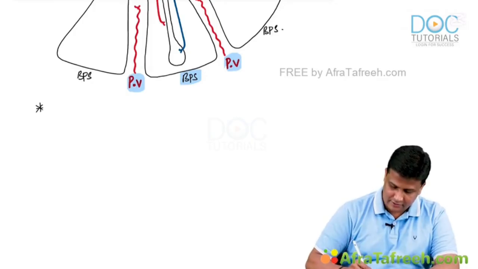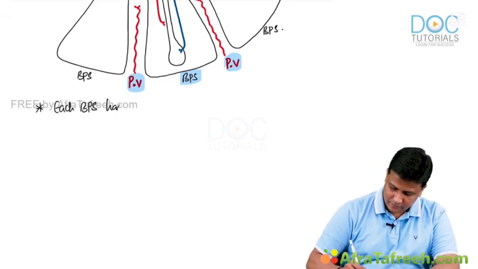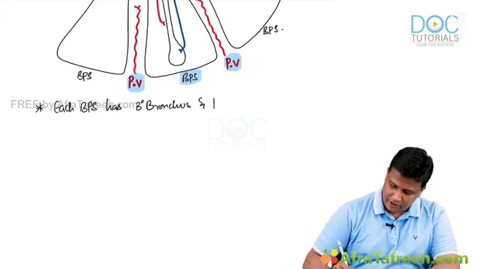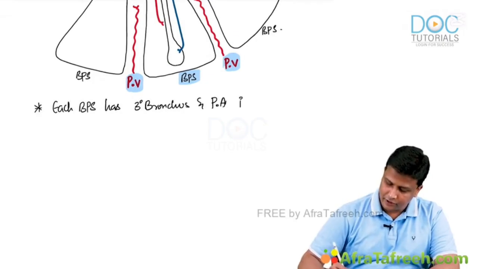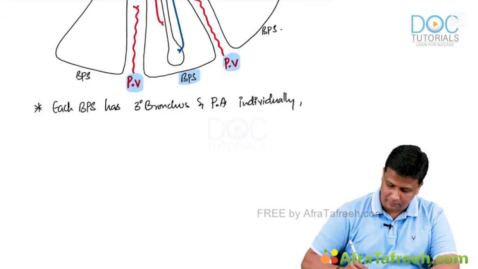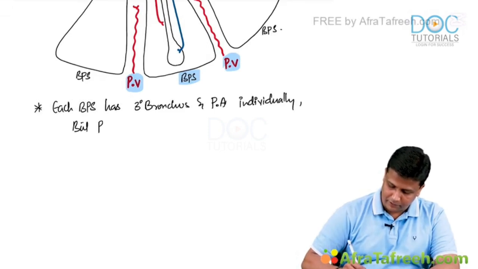Very important, guys. Each and every bronchopulmonary segment has a tertiary bronchus and pulmonary artery individually. But the pulmonary vein is intersegmental.